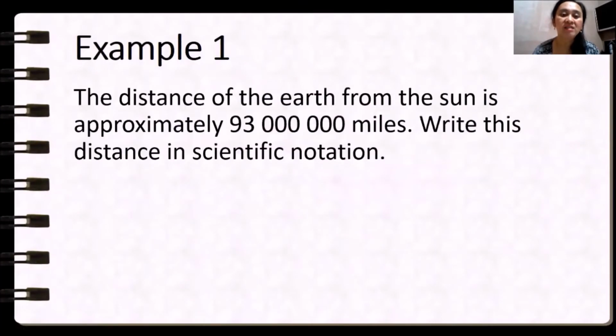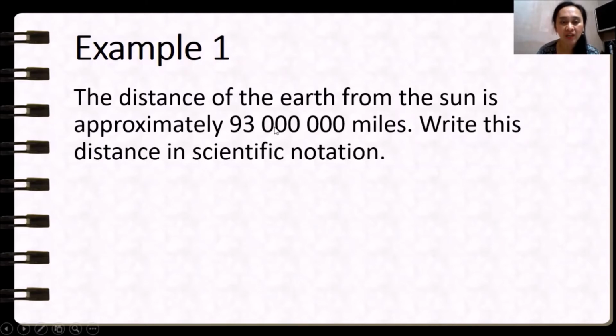Now we have for example. Example number 1. The distance of the Earth from the Sun is approximately 93 million miles. Write this distance in scientific notation. So, ang pagsusulat natin, this is standard form. Ang exponent niya sa 10 ay positive. And 9.3 ang ating gagamitin.